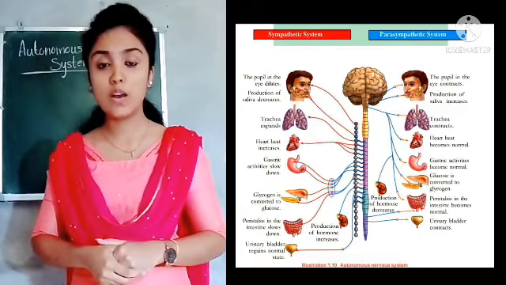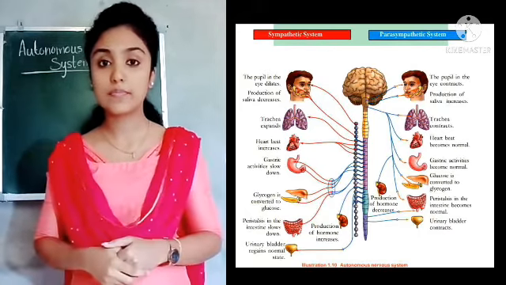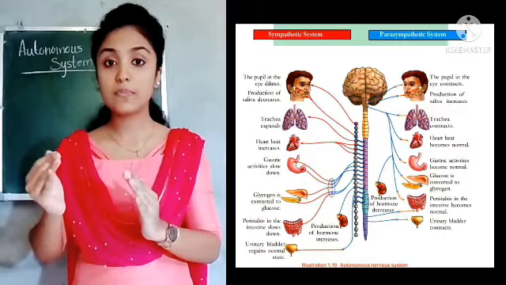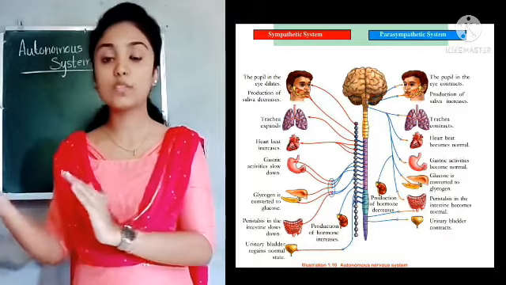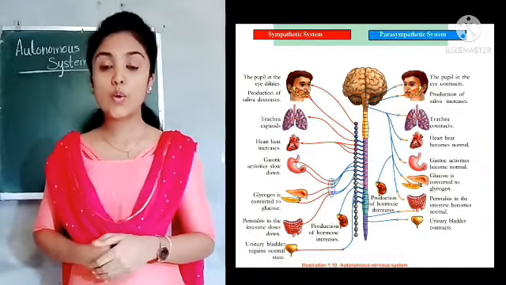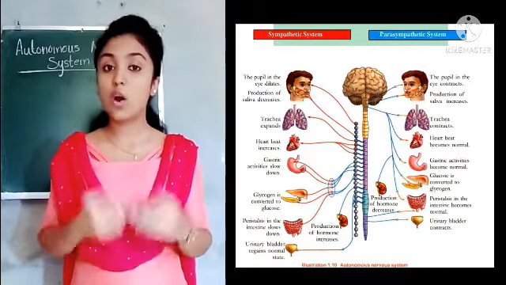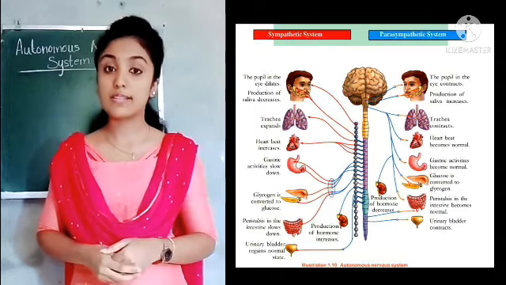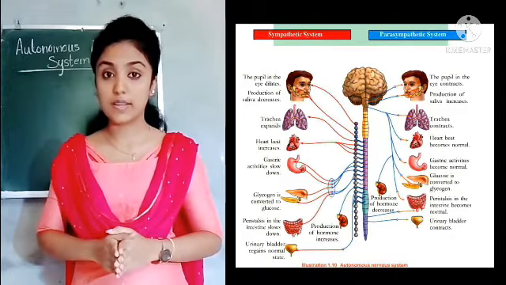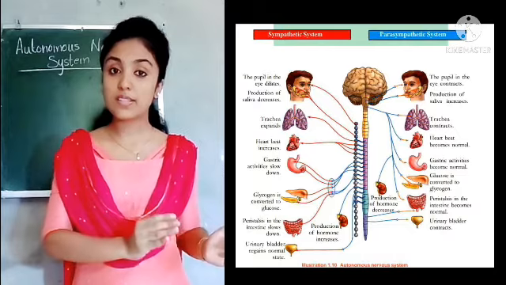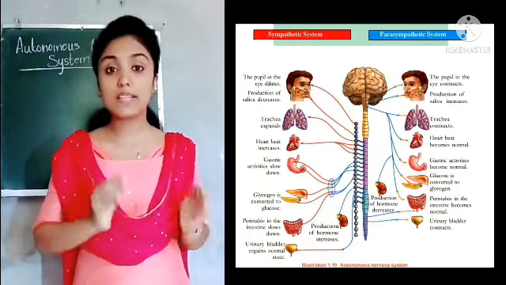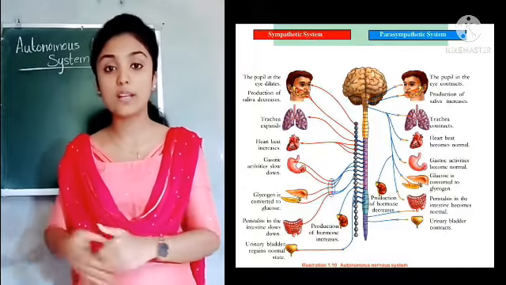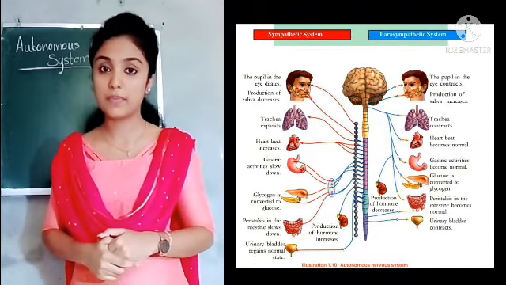But do you know how these changes happen? After some time we go back to our normal condition. Do you know which part of our body makes all these changes? Yes, our autonomous nervous system makes all these changes in our body when we get frightened, and the autonomous nervous system itself takes us back to the normal condition after some time.